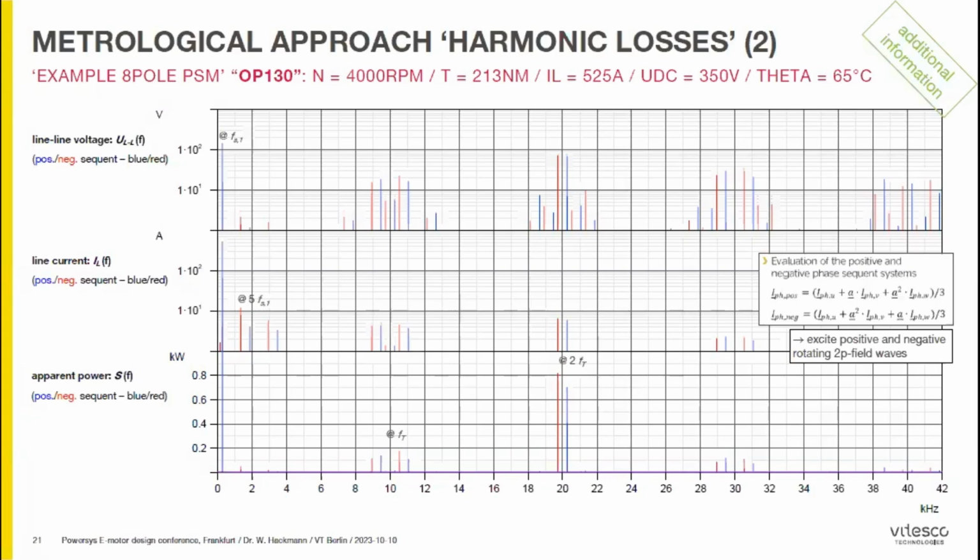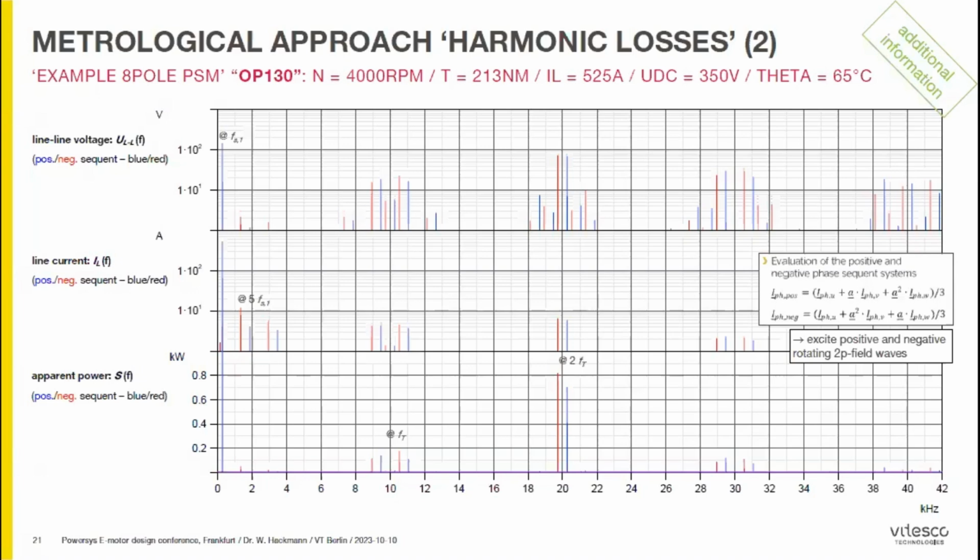And this should be done for the analysis of the losses, because these are representing positive and negative phase sequences of the different harmonics. And this is for the loss evaluation very important. And this can be derived with the algorithm of symmetrical components, so very easy to do.